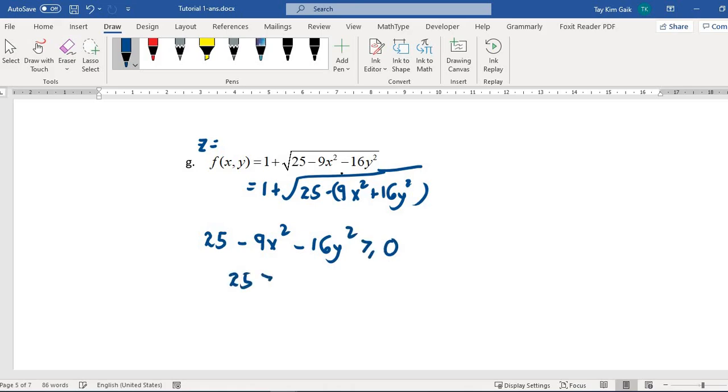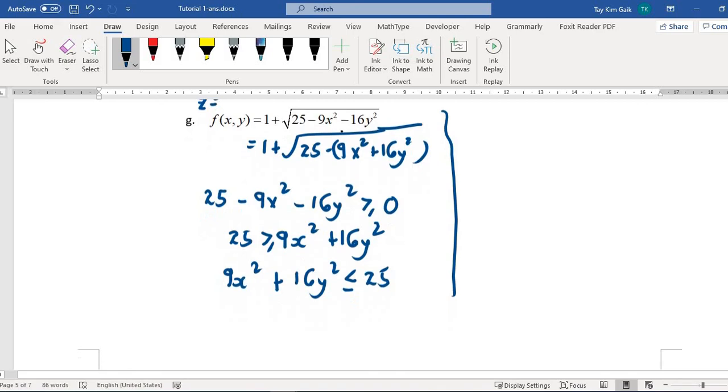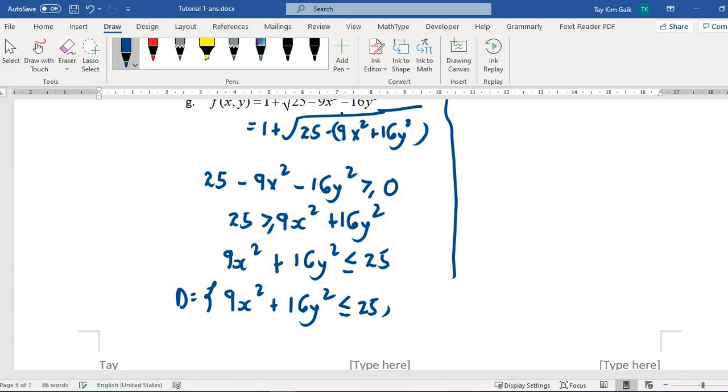That's why you have 25 greater than or equal to 9x squared plus 16y squared, or 9x squared plus 16y squared less than or equal to 25. Okay, and for your domain, exactly, you have 9x squared plus 16y squared less than or equal to 25 such that x is a member of real numbers, y is a member of real numbers.